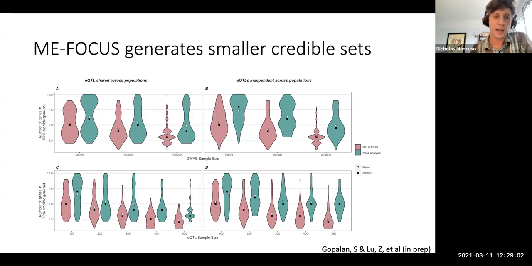Not only do we have higher posterior probabilities on average, but looking at the credible set, the number of genes in the credible set, is another metric. We would like to prioritize fewer genes at a locus for functional follow-up. We see that again in red across varied architectures. When you change sample size in GWAS or change eQTL reference panel sample size, our approach is consistently smaller than the meta-analysis approach.